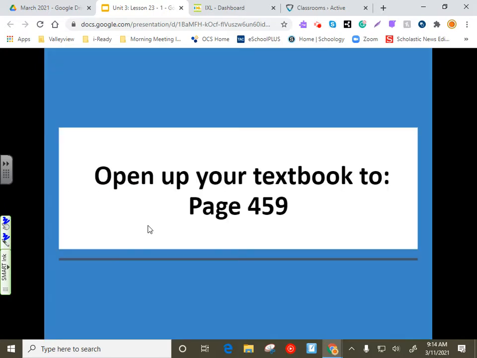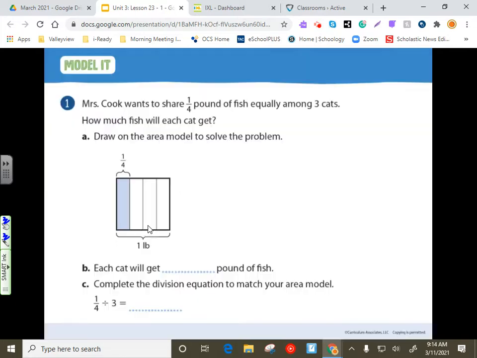So go ahead and go to page 459. And let's get into problem 1 here. Mrs. Cook wants to share 1/4 pound of fish equally among 3 cats. So you see this model here. It's a square with 1/4 of it shaded in. We know that that whole square is 1 pound, but we are only dealing with 1/4 of it.